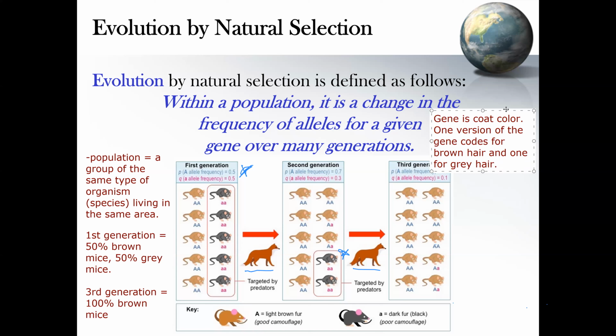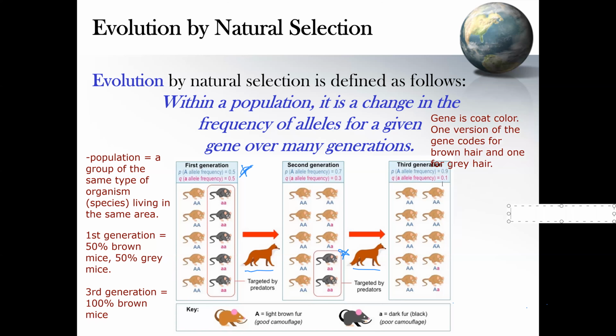So what's changing here in the population is the percentage of mice that have that version for brown or gray hair. And like I said, that is microevolution. You are changing the percentage of individuals with a certain gene version over many generations.